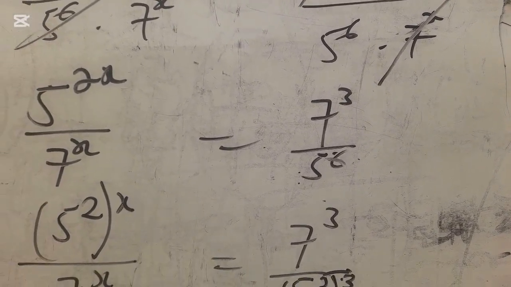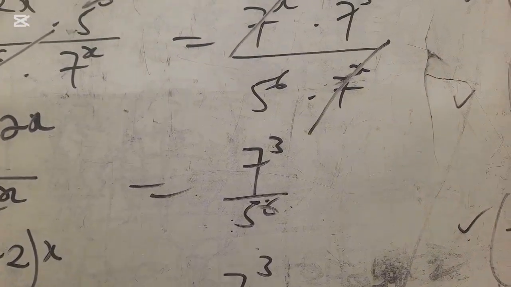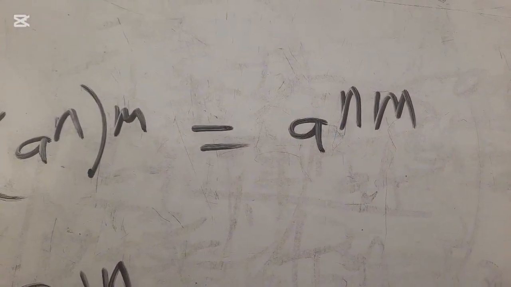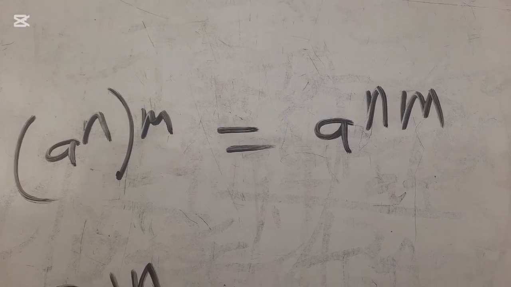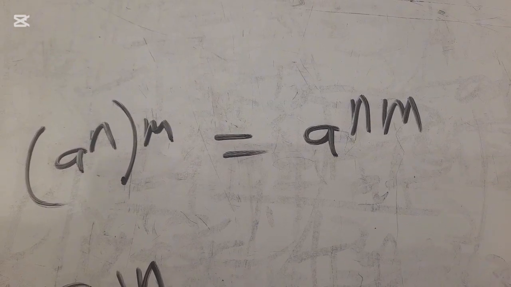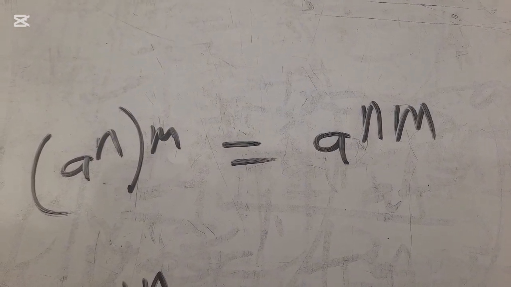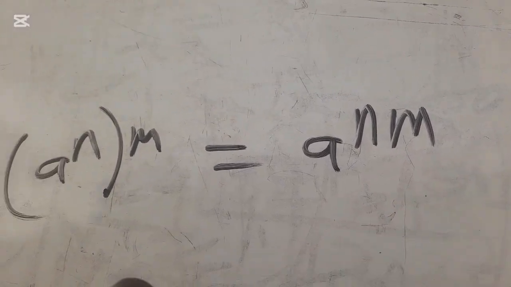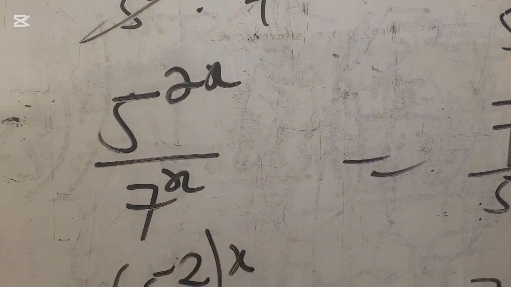is equal to 7 power 3 over 5 power 6. Again, there is another law that says that when you are multiplying the powers, it means a power n, bracket, power m. So when you see something like this, you can separate it to become something like this. And this is what is happening here.